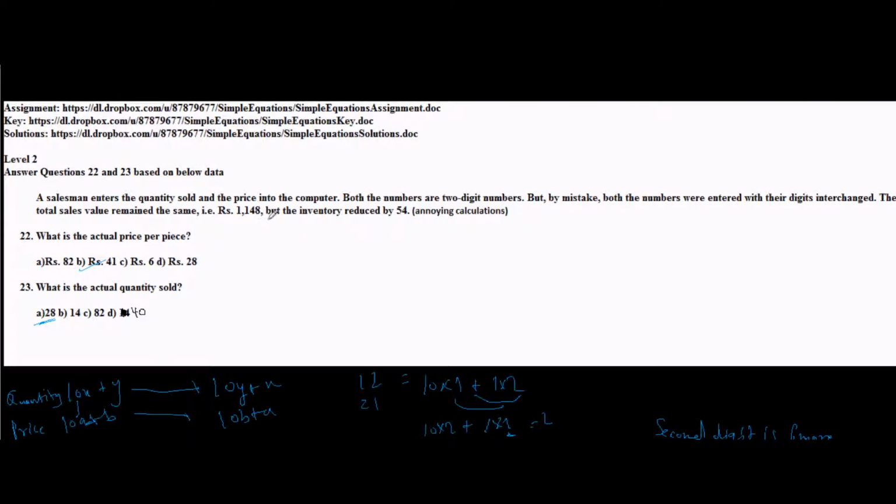Even in this one, I looked at the last statement first before forming the equations or inferring anything out of the first statement. They said, but the inventory reduced by 54. We followed up with this statement, which was much simpler as compared to the previous one. That is, the equation formed by this statement was much simpler, and then we were able to solve it.